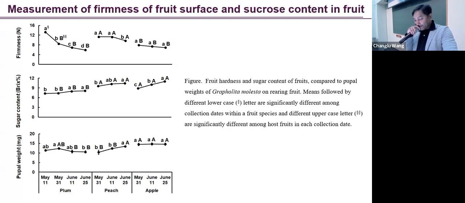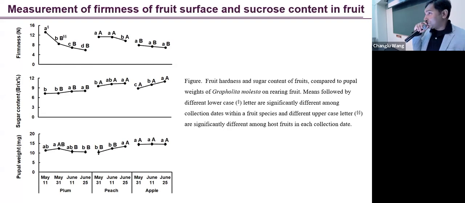What happened next? On June 11, firmness goes down further and sugar content is also higher. It's a good scenario, right? There's no hardness in the fruit, and the sugar content is higher, so we should get a good number of progeny, or the pupal weight should be higher.